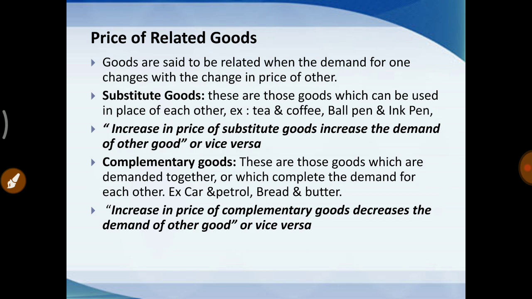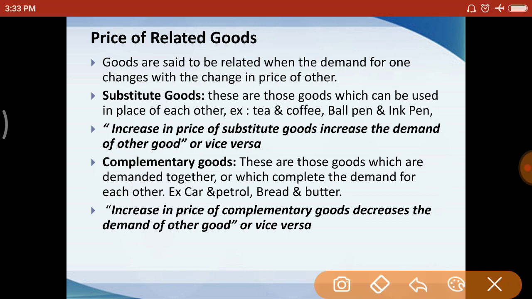Now, the second most factor which we have been discussing is price of related good. There are two types of goods. First is substitute goods and second are complementary goods. Now, understand what are substitute goods. Substitute goods are those goods which can be replaced with each other, or which can be used in place of each other, such as tea and coffee, ball pen and ink pen, means वो एक दूसरे का satisfaction complete करते हैं.